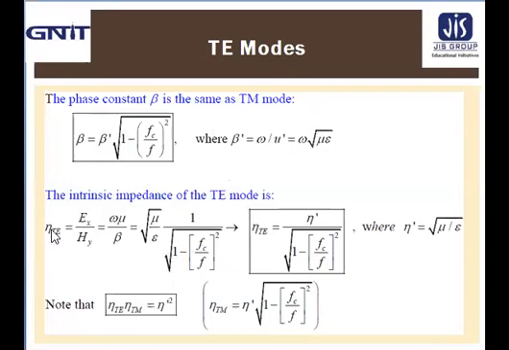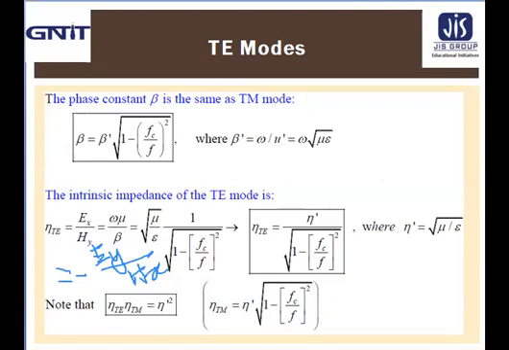and the intrinsic impedance of the transverse electric mode is eta TE equal to Ex by Hy, that is also equal to minus Ey by Hx.